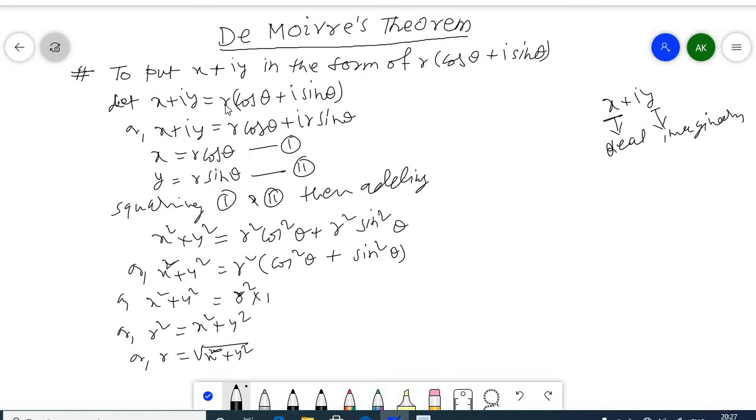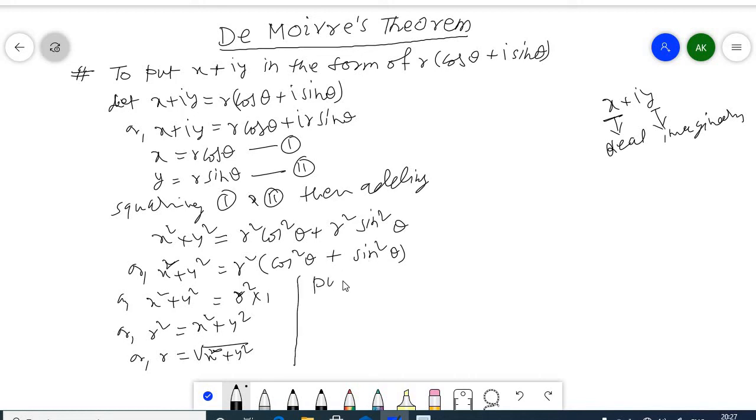And what will be the value of cos theta and sin theta? For this, we put the value of r in equation 1.